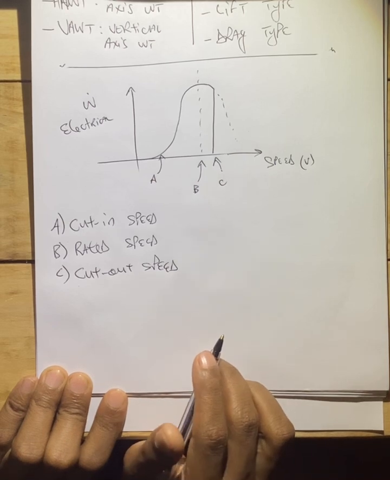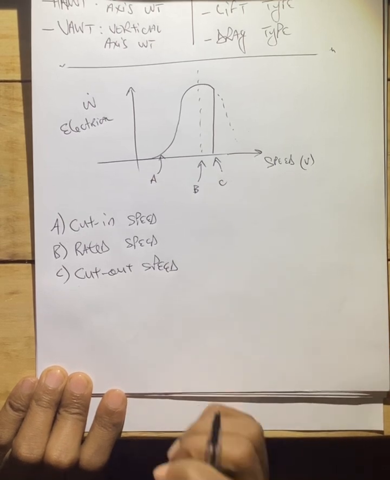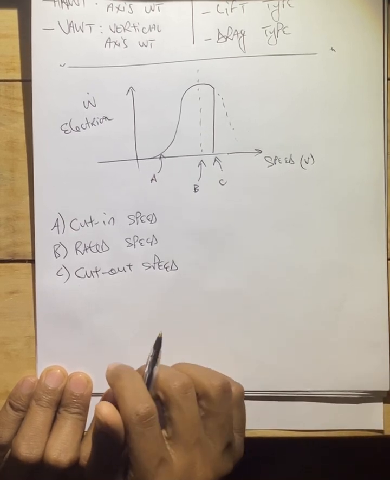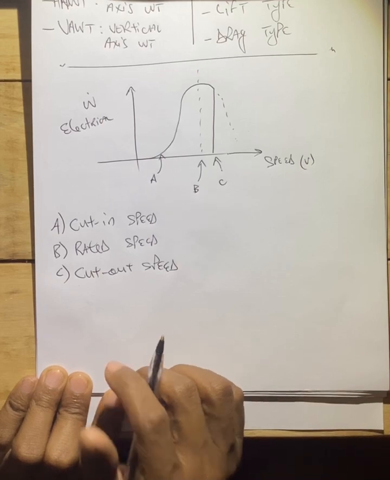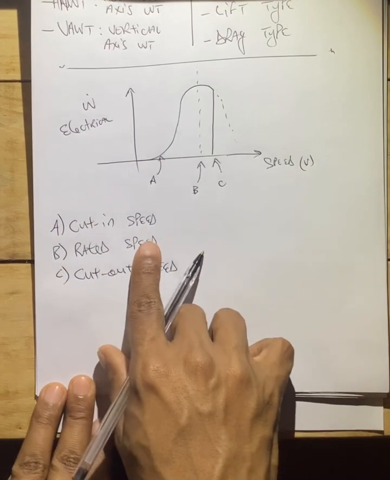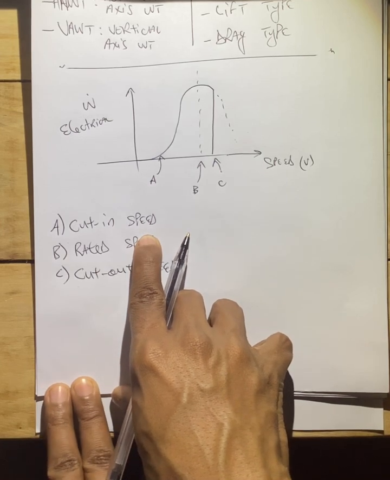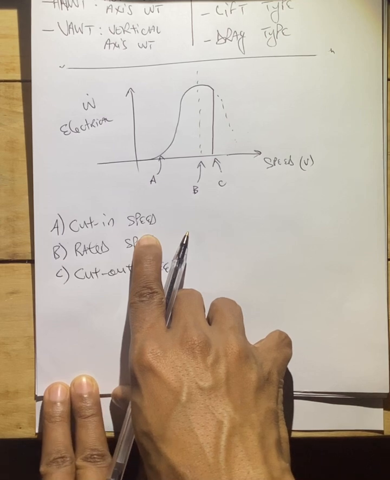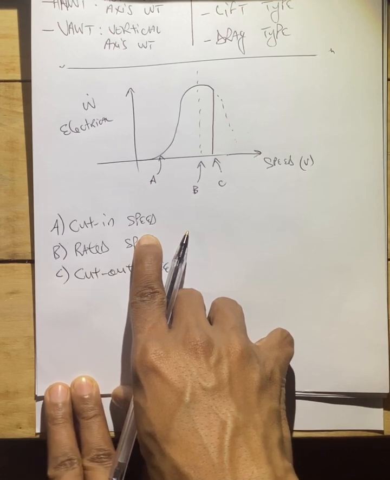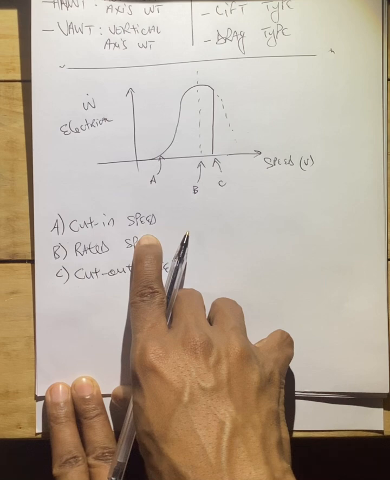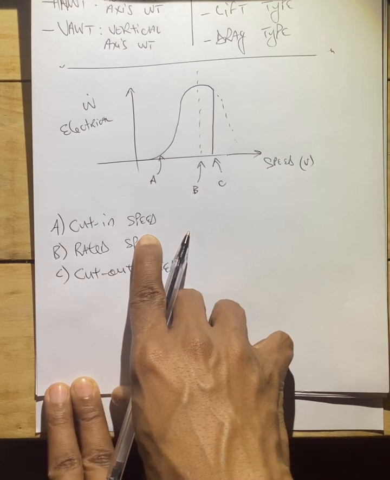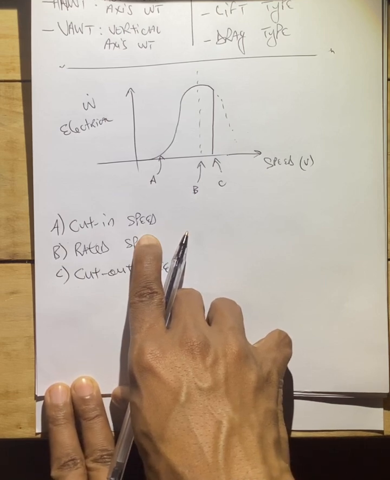Now obviously I'm just going to define this, and then you will have to write this down. So what is cut-in speed? Cut-in speed is normally the minimum speed required for the turbine to generate or produce useful power for the purposes of consumption.